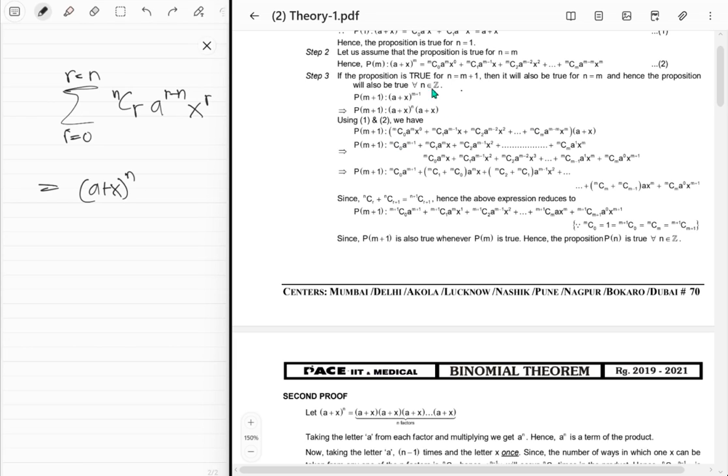So they multiply this whole polynomial by (a plus x), and then they write it out. They write this to the left a bit, and then this to the right a bit, the same way that I did for x plus y. So basically like Pascal's triangle, something like that. And then they add this up.